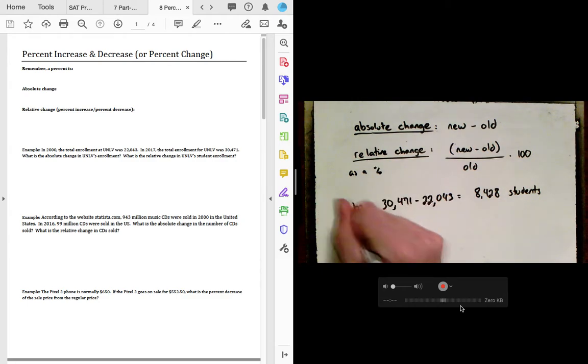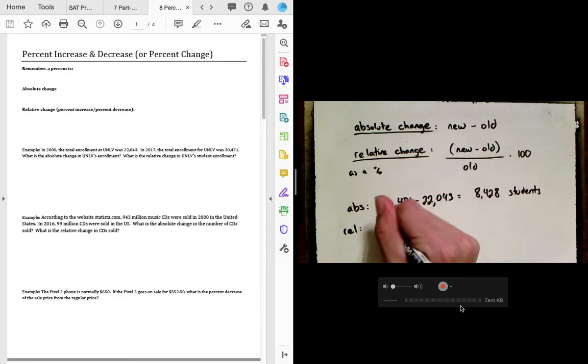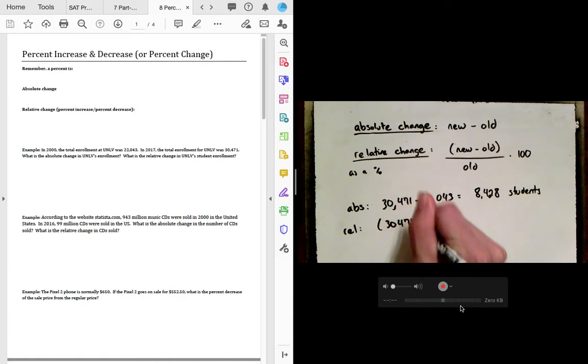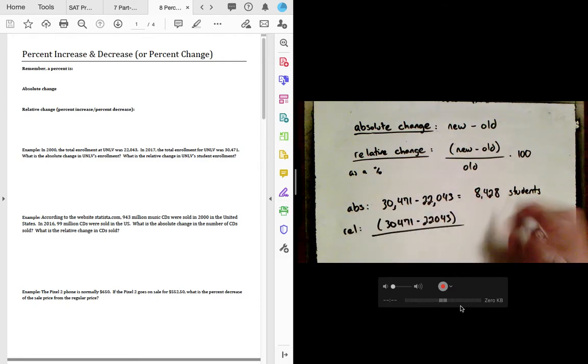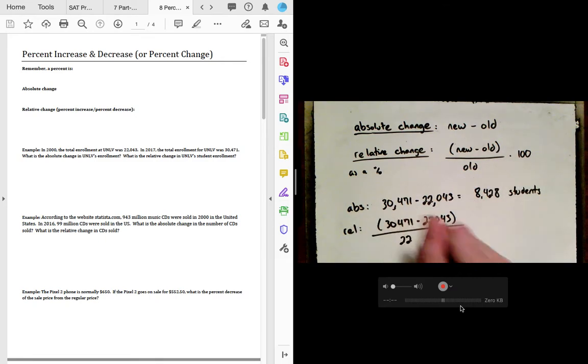And we want to look at the relative change, which I'm just going to refer to as REL. The process is pretty similar. 30,471 minus 22,043, all divided by the old value, 22,043.